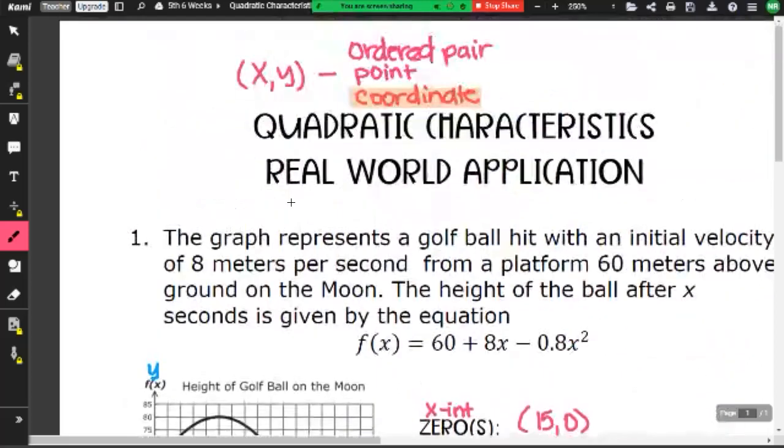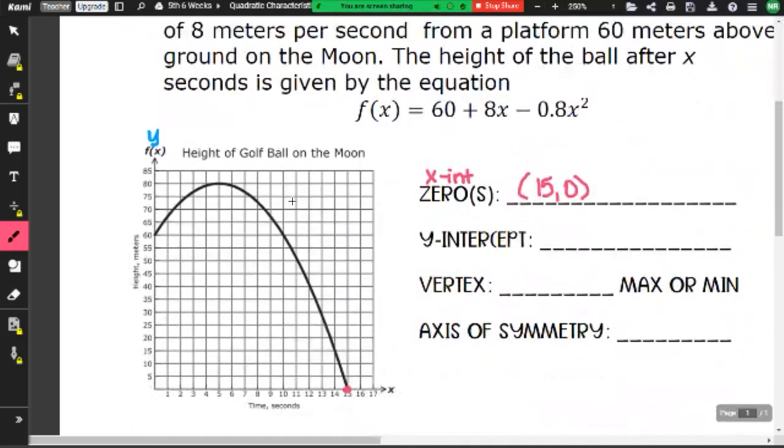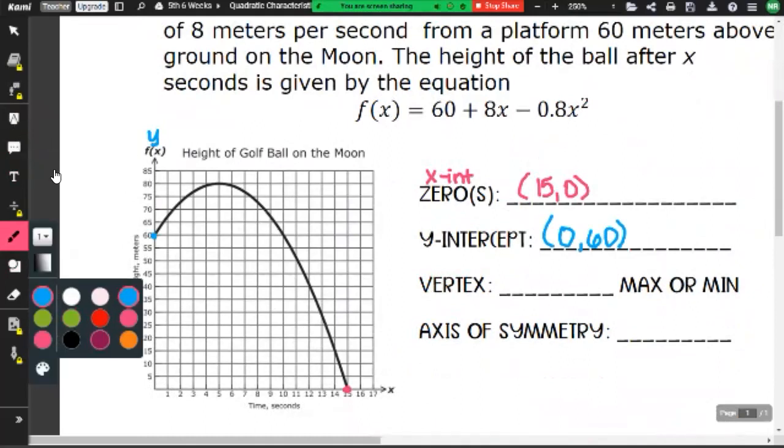Everybody has those? All right, y-intercept. How many y-intercepts do we have? Just one. What is that y-intercept? It's at the 60, and you write it as 0, 60, not 60, 0. All right. Now we hit a golf ball on the moon.